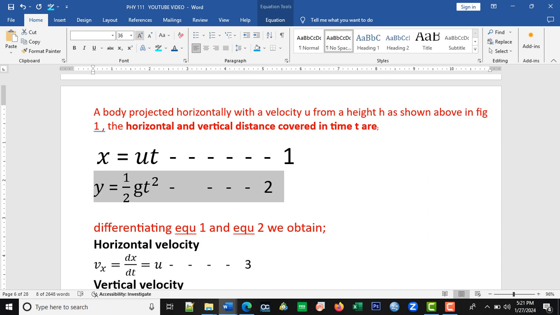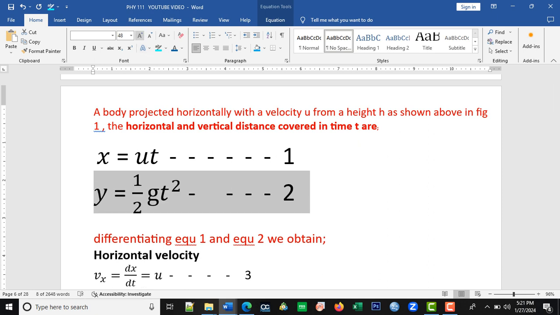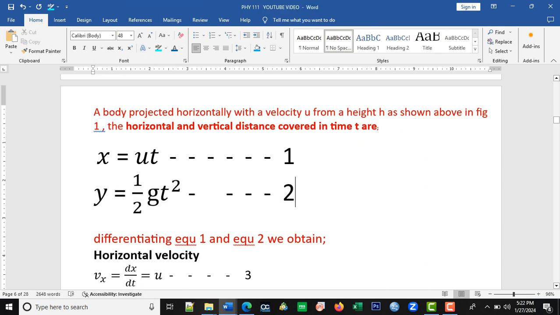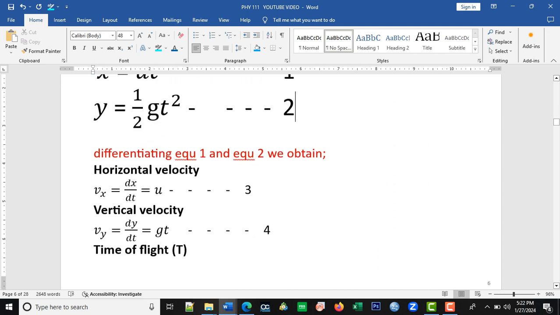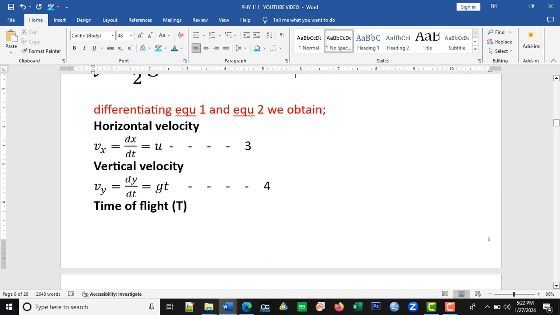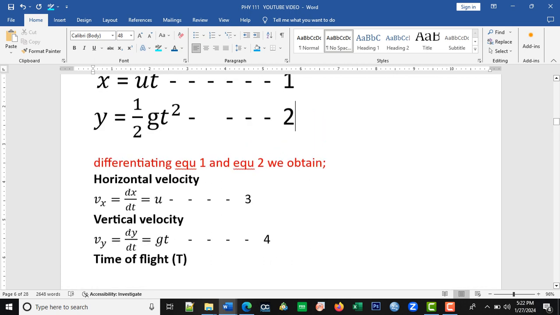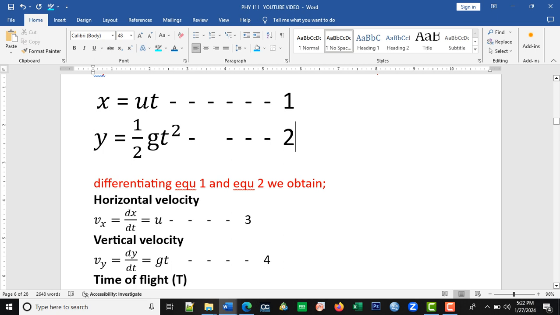The horizontal distance is ut, the product of the initial velocity and the time of flight, and then y here is 1/2 gt squared. If we differentiate equation 1 and then equation 2, it will give us the velocities.